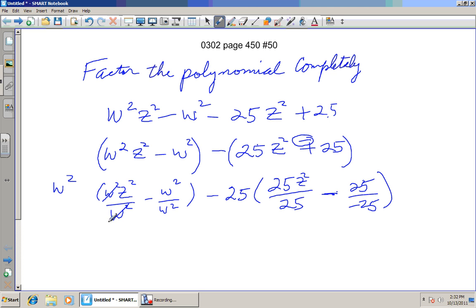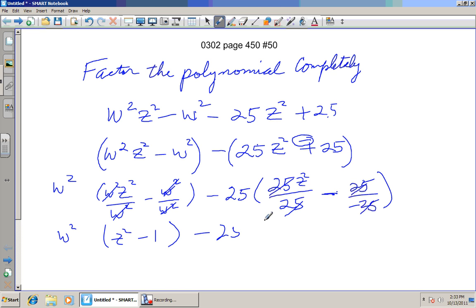Any number over itself is 1. Any number over itself is 1. These go away. These go away. And it's going to leave us a plus 1 there. So this comes out w squared z squared minus 1. Okay, minus 25.